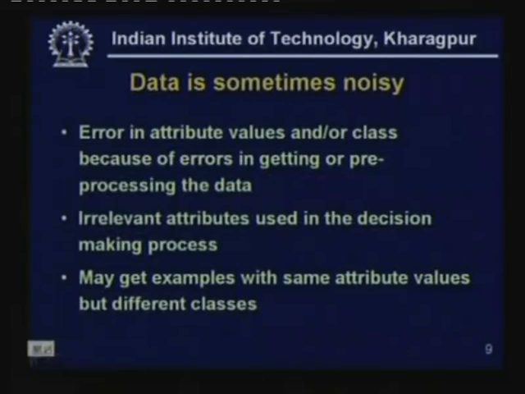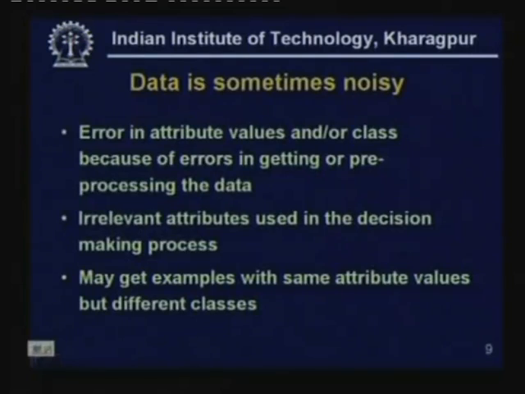The noise can come in because of error in obtaining the data, or error in measuring the data, or error in processing the data. So, errors in measuring or in the data acquisition process can give us noisy data. For example, if the color is actually white, it may appear to us as gray, and so on.